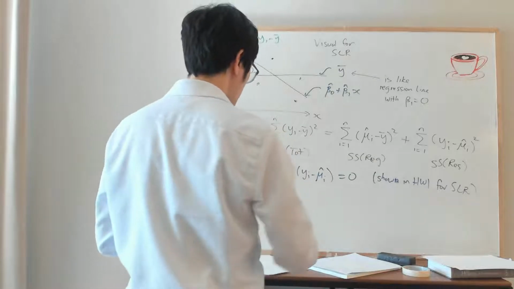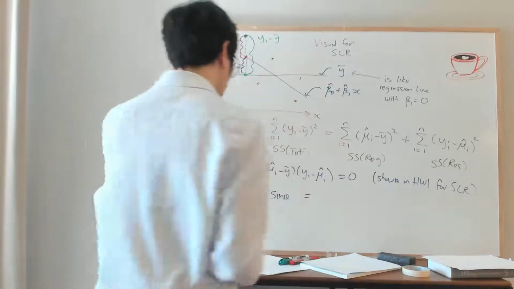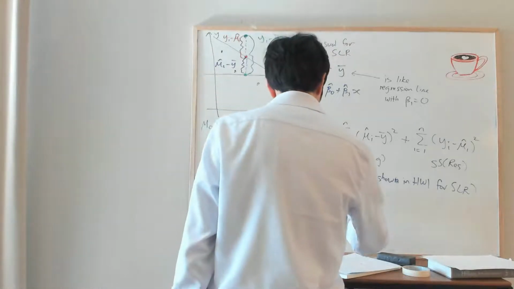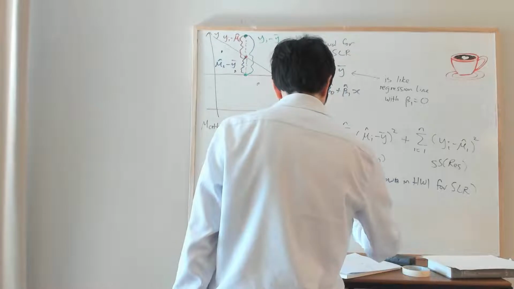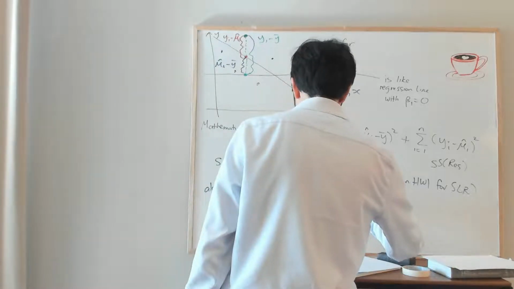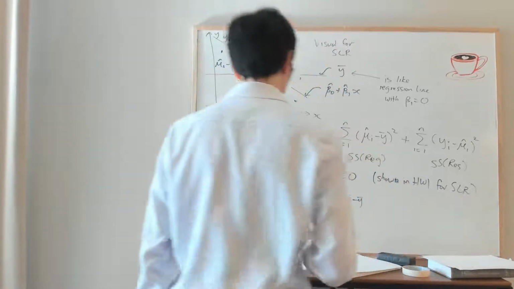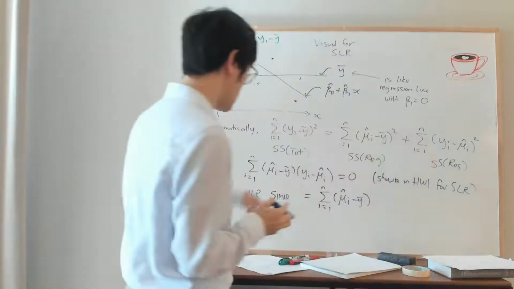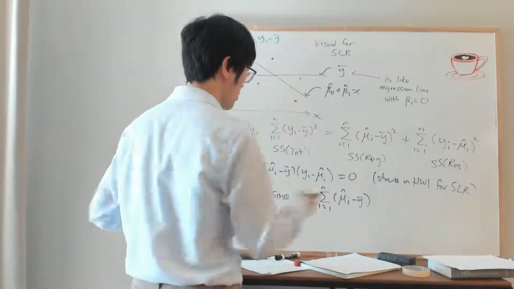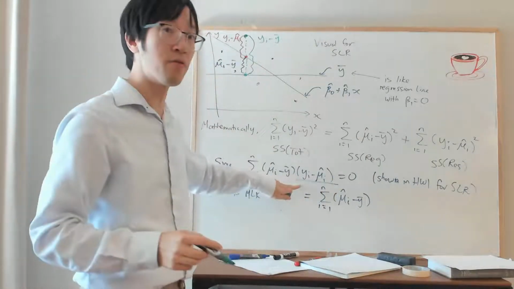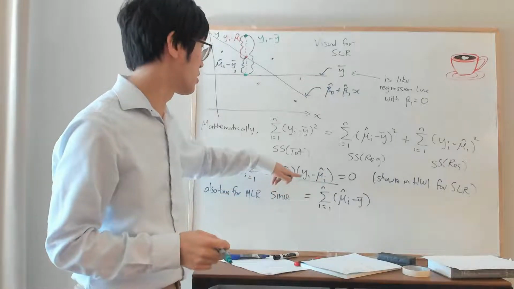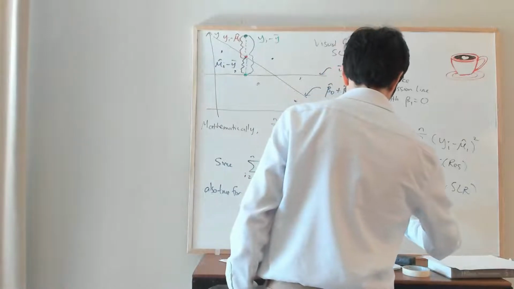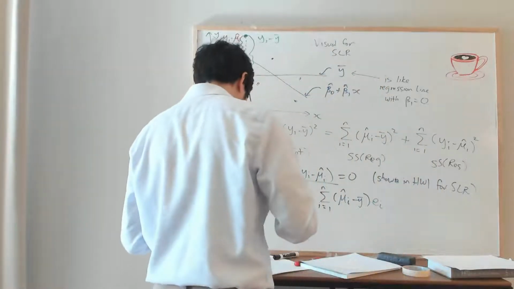I take this expression, copy the first term, mu i hat minus y bar. And then this part is simply the residual. By definition, it's the difference between the observation and the fitted value. So this is the residual, ei.